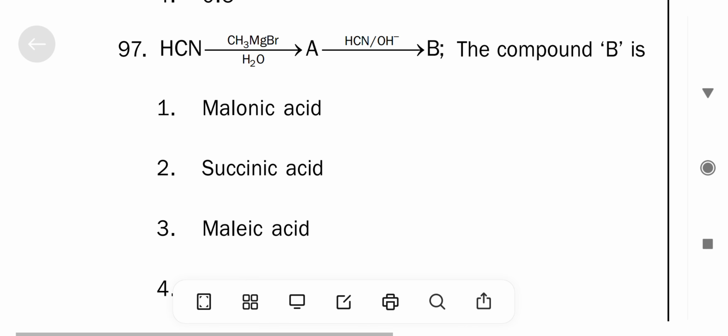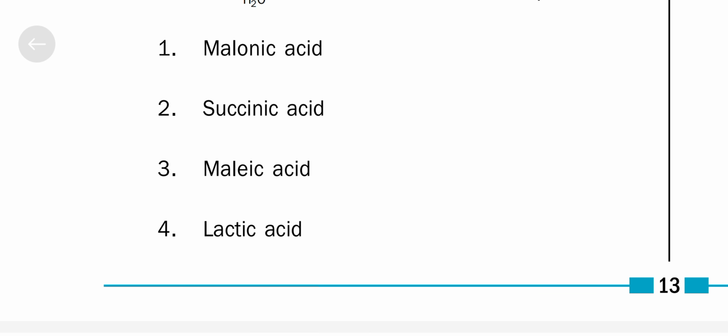This is CH3CHO, aldehyde formation. Aldehyde when reacting with HCN gives CH3CHOHCOOH after hydrolysis. CH3CHOHCOOH is lactic acid. So option 4, lactic acid.